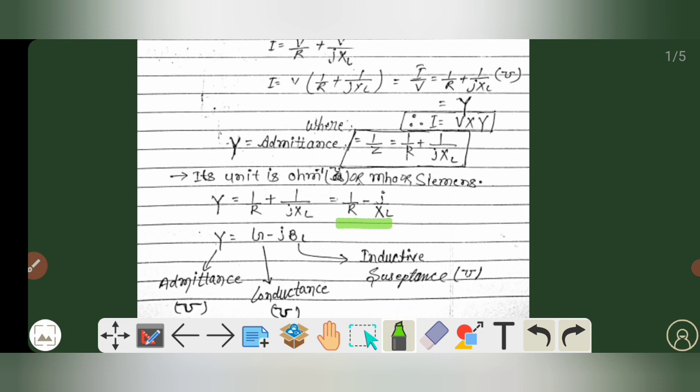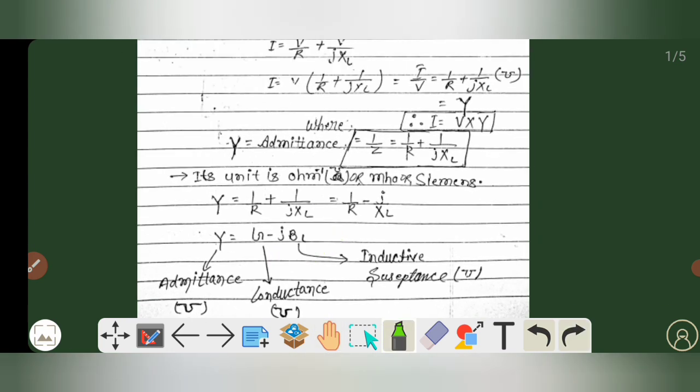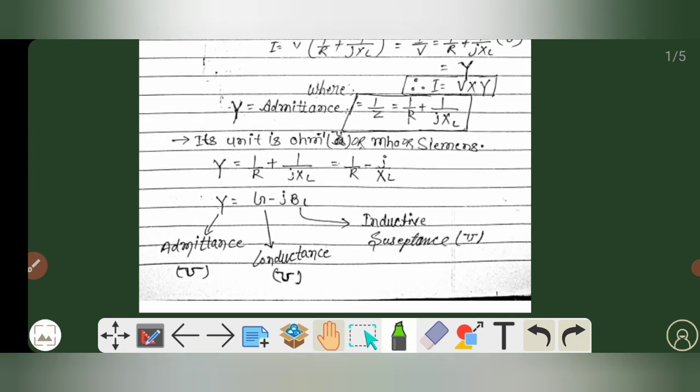Now 1 by R is denoted by G, and this is known as conductance. And 1 by XL is denoted by BL. In terms of abbreviation, Y is known as admittance, G is known as conductance, and BL is known as inductive susceptance.